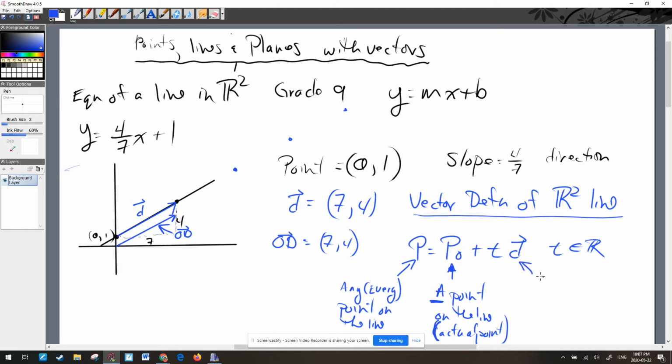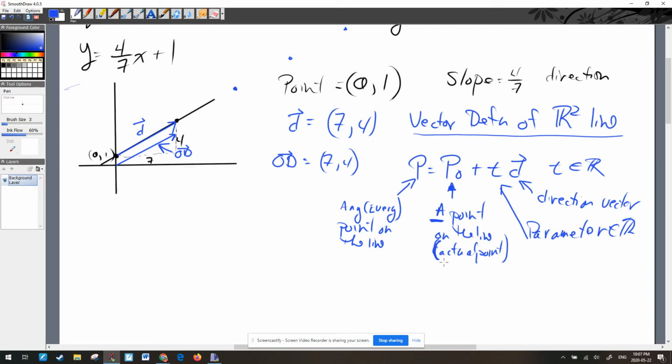D is our direction vector, and T is the parameter, which is a member of the reals. So what this actually does, this is actually pretty cool. And I've kind of lied to you, but it's a good lie. And we'll come back to why it's a lie in a bit.